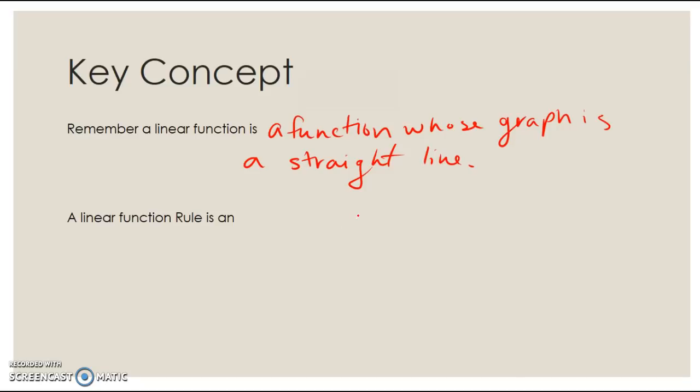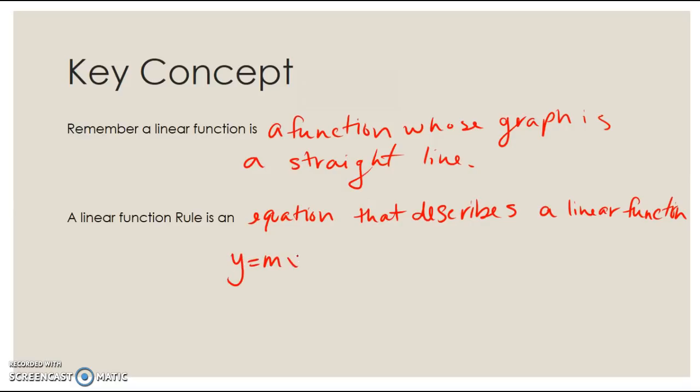And then something else to remember, a linear function rule is an equation that describes a linear function. We've worked with this before. The basics of that rule is y equals mx plus b. That is our linear function. If we see something that looks like that, we know we have a line.